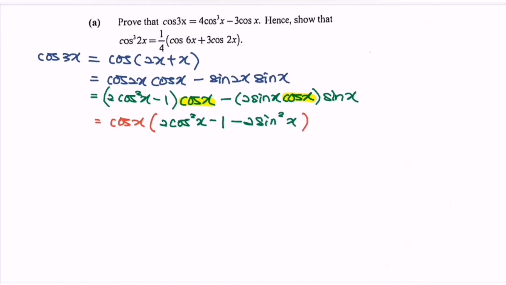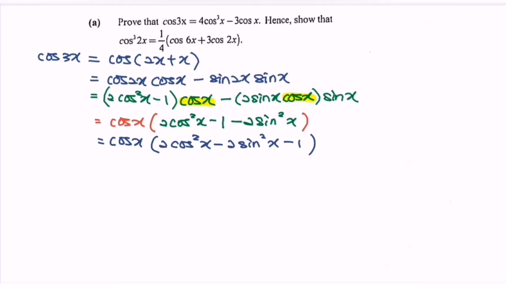Can you rearrange the expression: 2 cos square x minus 2 sin square x minus 1. In here, my suggestion is to switch the sin square x into cos x, making use of the basic identity.